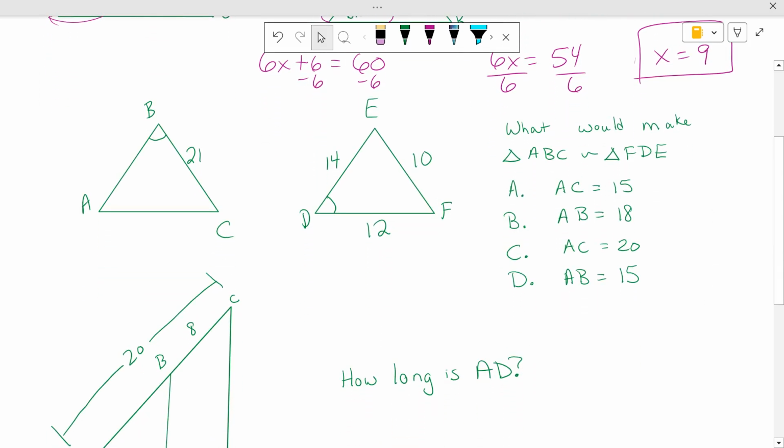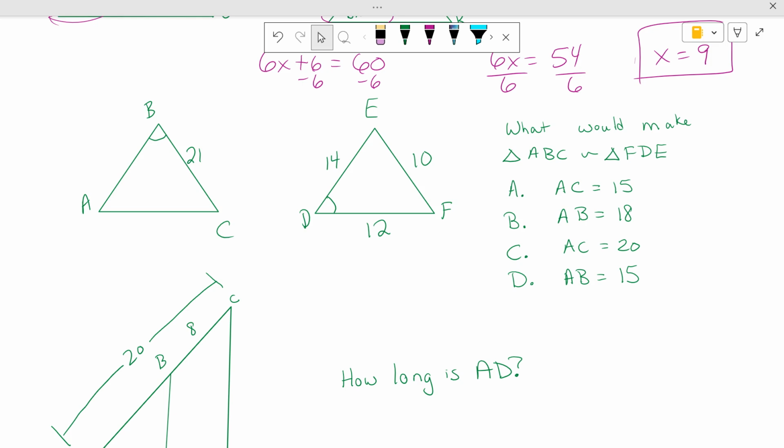The second one. What would make this triangle similar to this triangle? Now be careful. ABC is not similar to DEF, is it? ABC is similar to FDE. Okay?